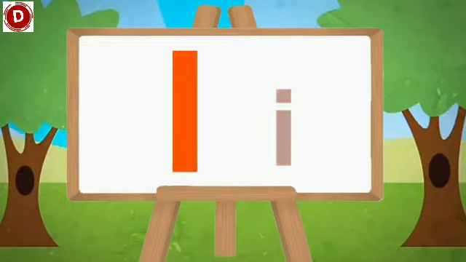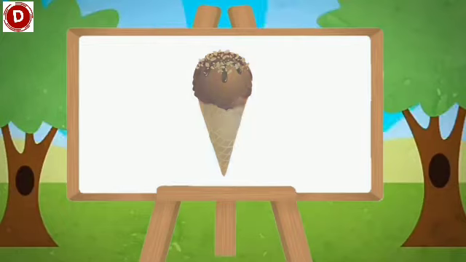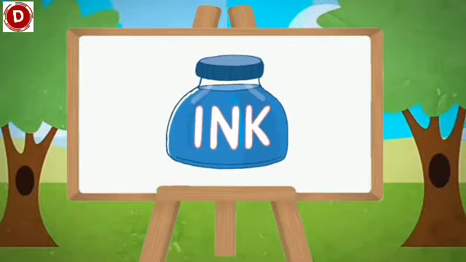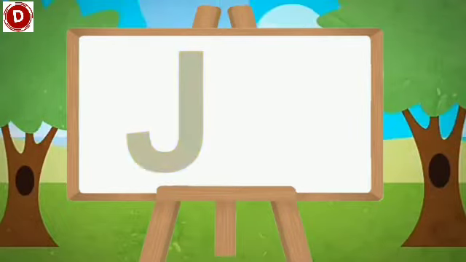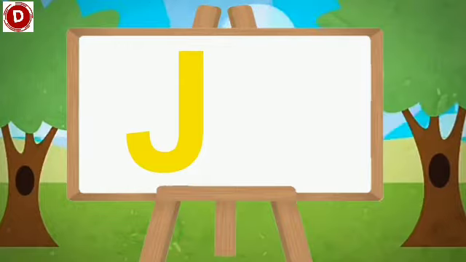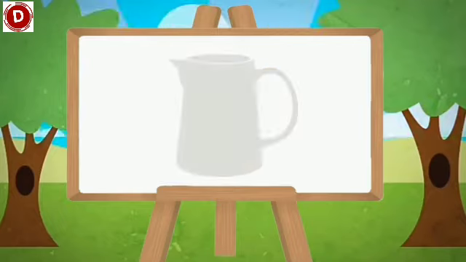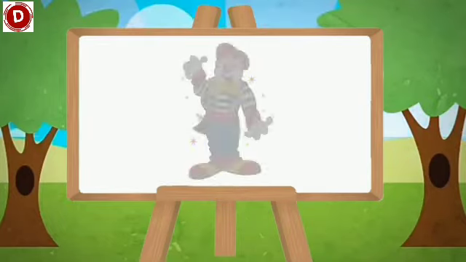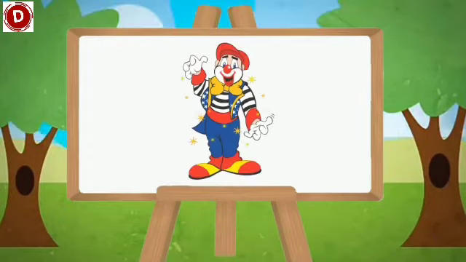This is capital I and small i. I for ice cream and I for ink pot. J. This is capital J and small j. J for jug and J for joker.